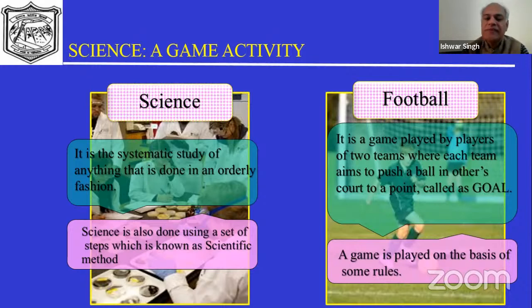Similarly, in science also, unless you know the rules of science, you will not be able to do your science properly. And nowadays, science is a very fascinating word. In our society, we always have a tendency to attach this science word to anything we come across, irrespective of knowing whether it is actually science or not.